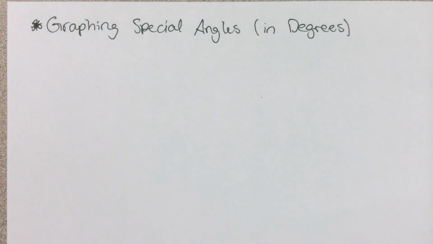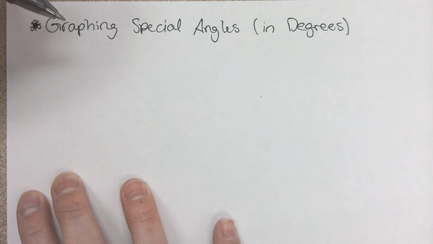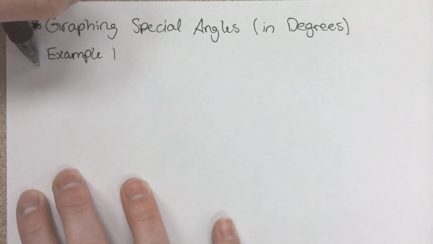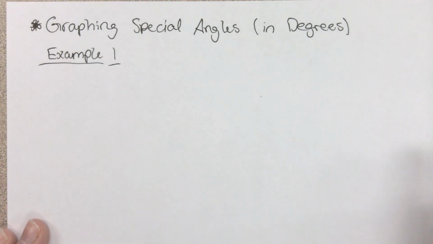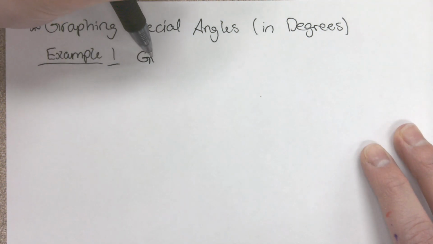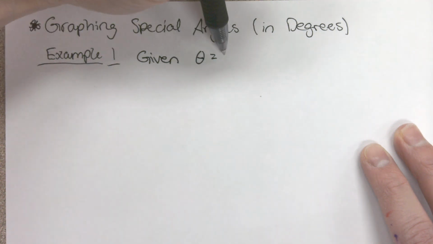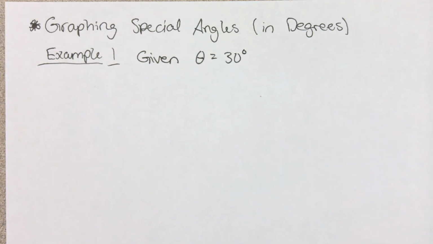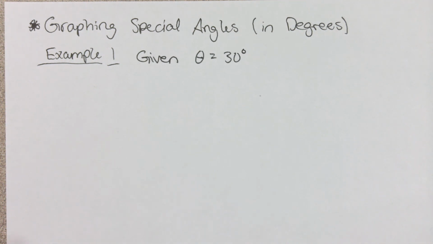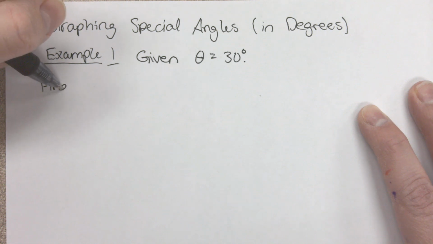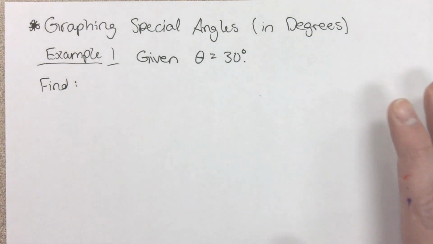So we're going to start off nice and easy here. Our first example: given that theta is 30 degrees, we are going to find all of this information.